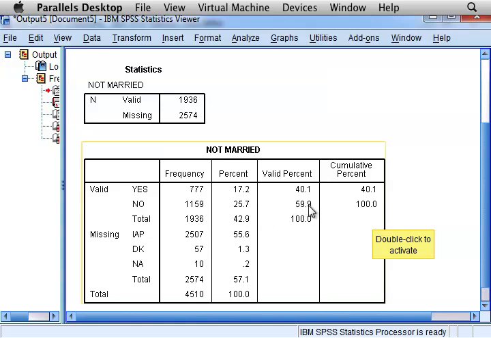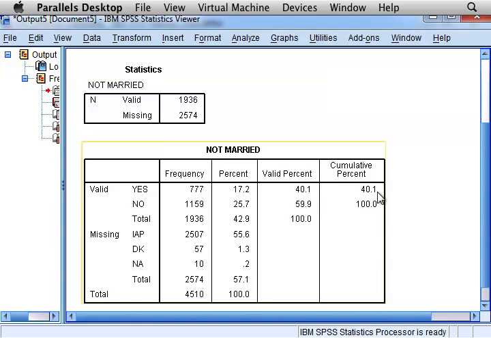So remember the curious nature of this question. This says that no, they disagree with the statement "not married." So this means that 60%, or 59.9%, of the individuals in the study responded that they were married. So they were not single. Whereas 40.1% were single. I think I may have said that backwards.